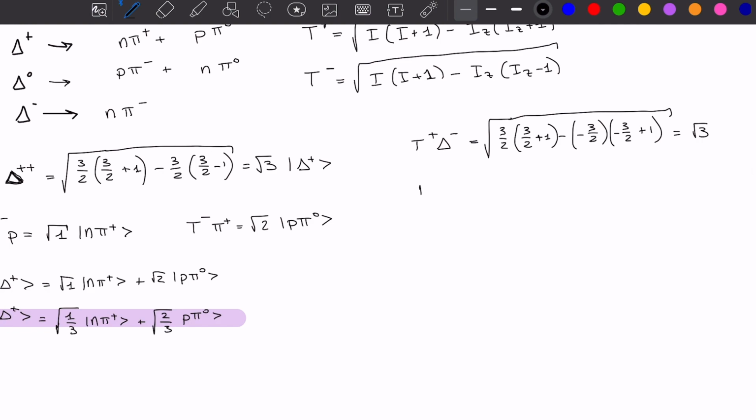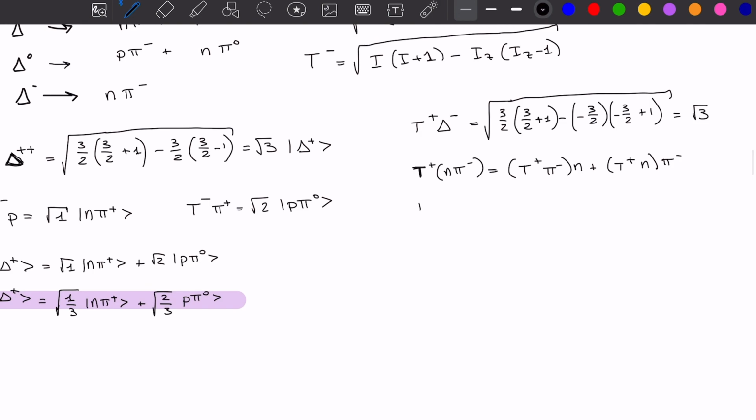So now we're going to apply again the same rule, this time for the complex system. The plus operator, because we're going up in projection, and we're going to apply it to the neutron pion minus. I'm going to extend the equation so it's a little bit easier to understand. So we're going to do ladder operator plus on pion minus n plus T plus n pion 0.